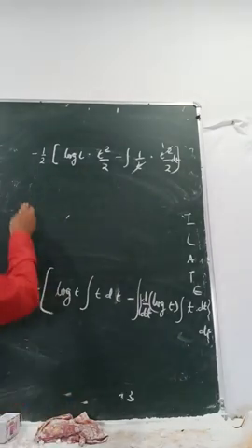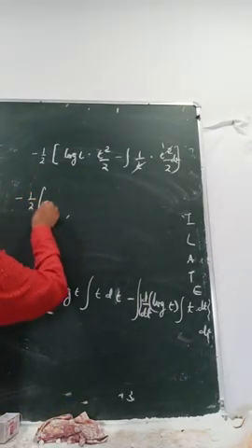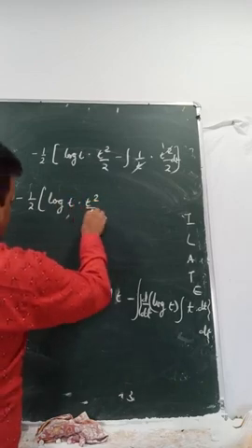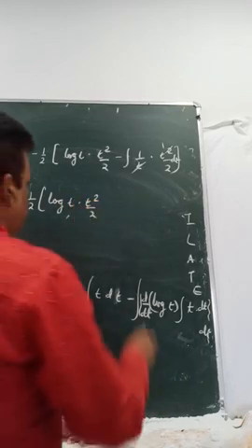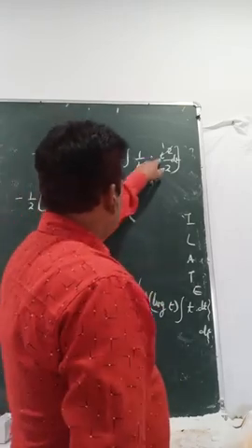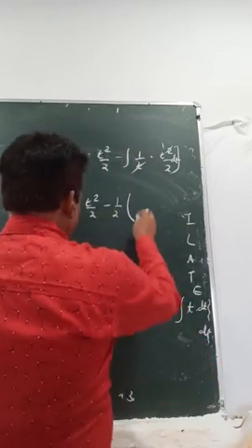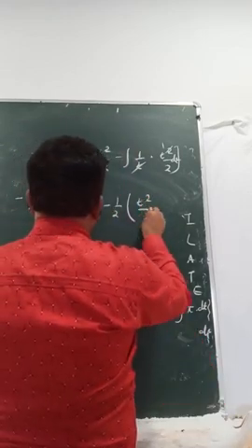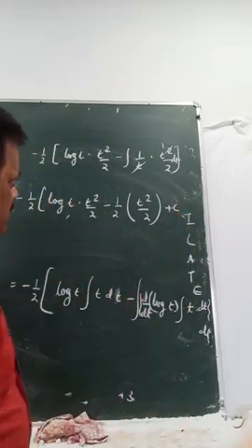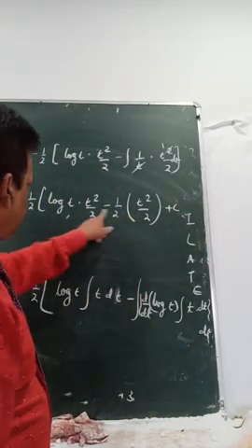So minus half log t into t²/2, minus half, again t is here, t²/2, plus constant. Okay.